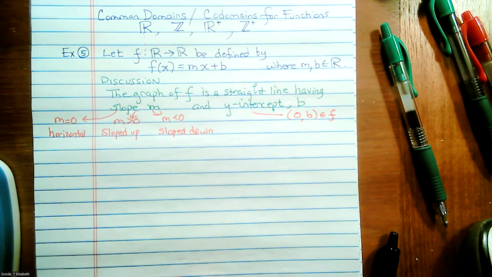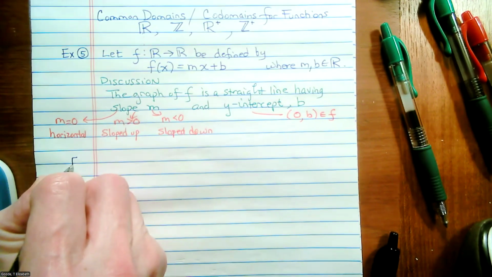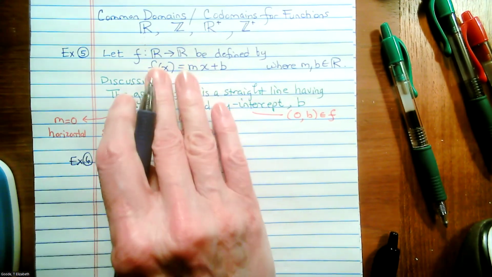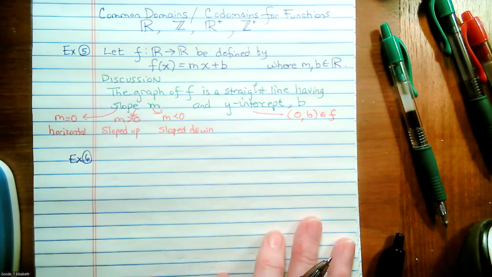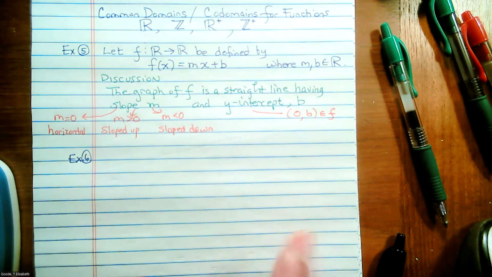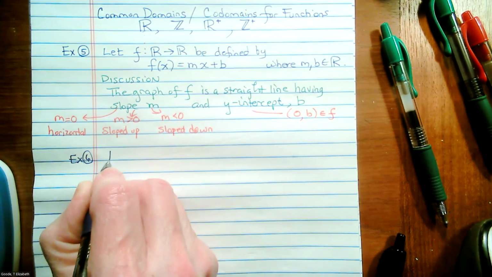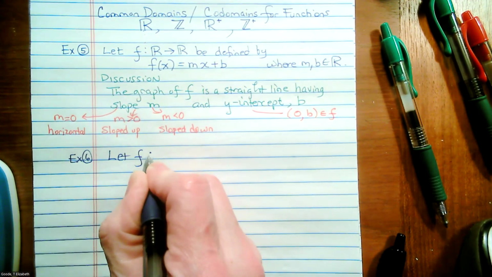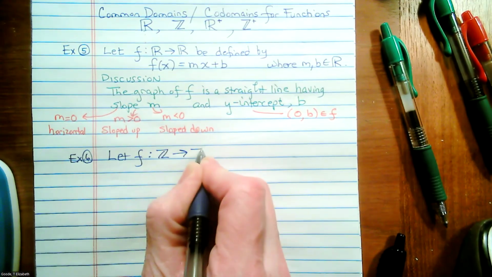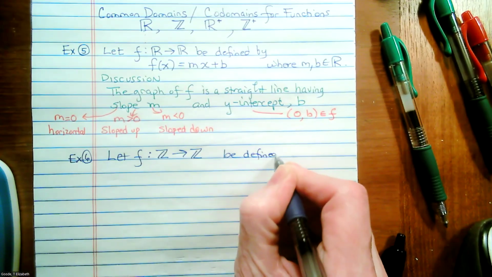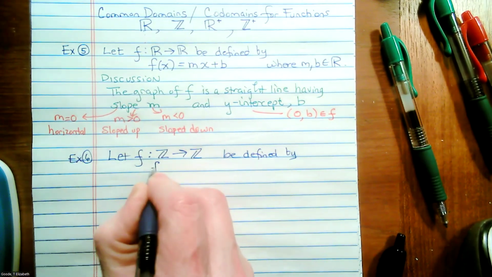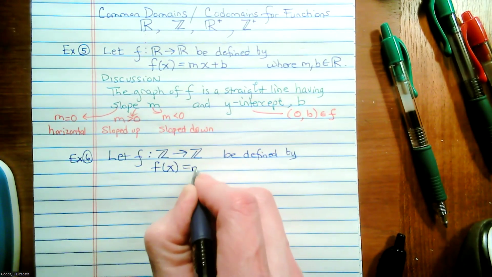Sort of the interesting game happens in example 6, where we take this idea of a linear function that we're fairly familiar with, but we restrict the domain and say, I don't want to use R, I'd like to use Z for my domain and codomain. So let f from Z to Z be defined by f of x equals mx plus b.